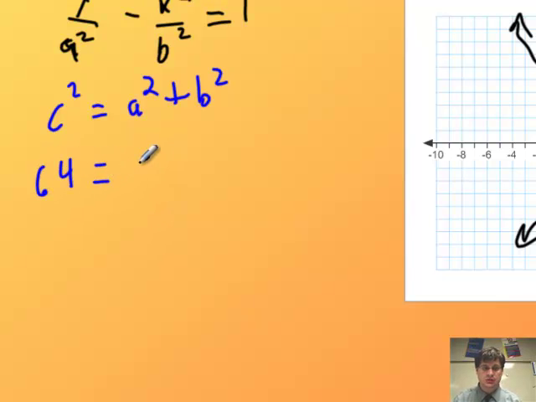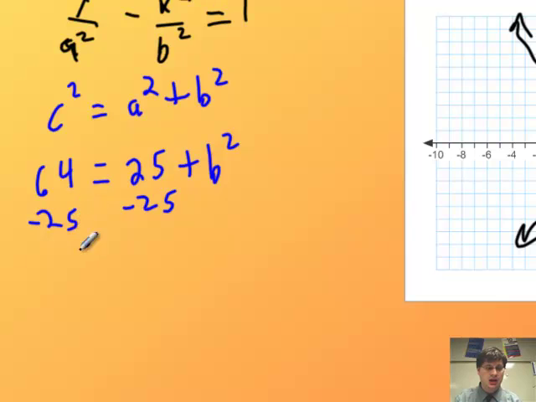And then we substitute a, which will give us 25, plus b squared. All we have to do is subtract 25 from either side, and that's going to give us b squared, which is 39. So in all reality, I don't need to know what b is, because for the equation I just need to know b squared.